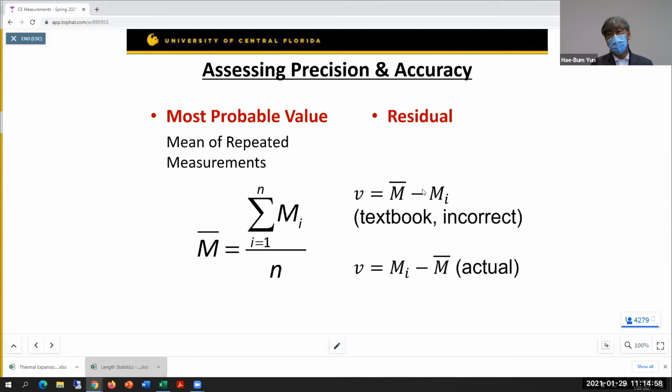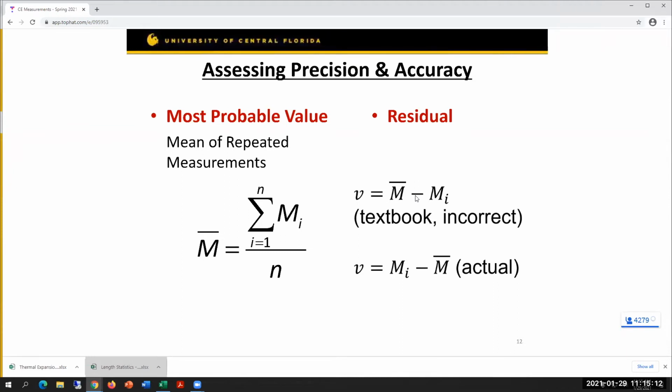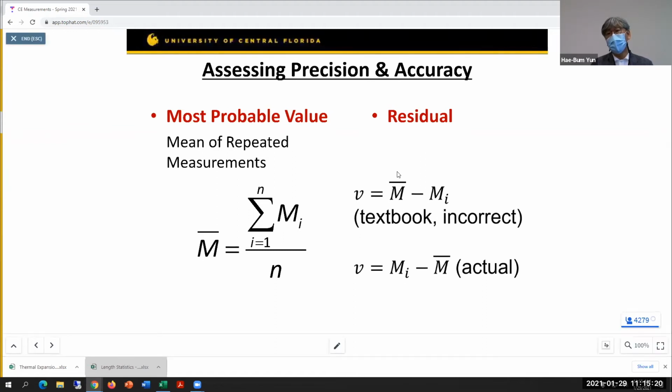But if you recall, the definition of error was what? Error was equal to X, which is a measurement, minus X bar, right? X bar was the true value. So we're going to use M bar as the true value.